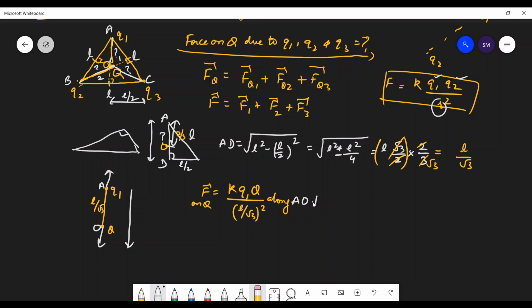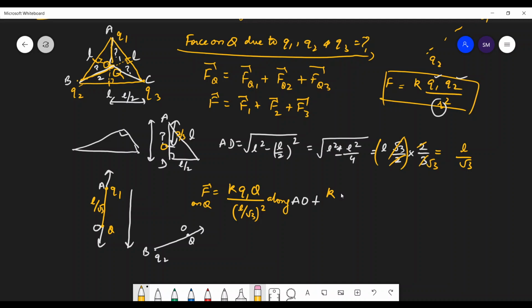Plus, similarly, the force on Q due to Q2. Again, this is Q, this is Q2, this is B, this is O. So it will be in this direction, along BO. So K, this is F2, the force on Q due to Q2.